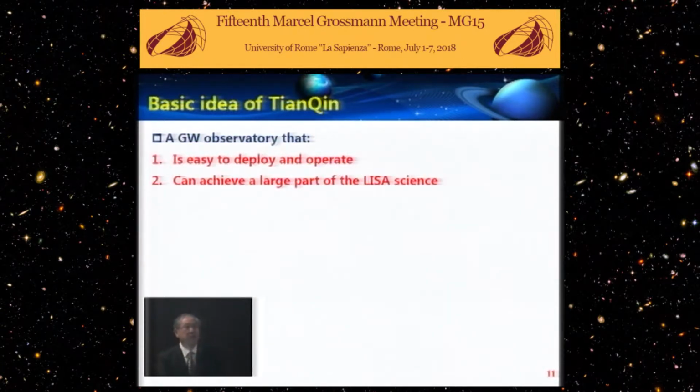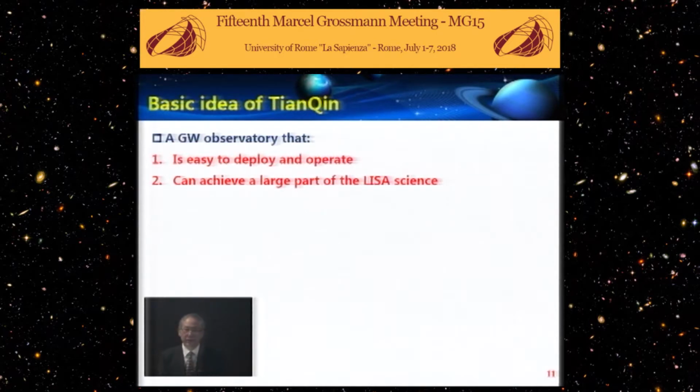And what is the basic idea about TianQin? Because as a gravitational wave observatory, we need to consider: the first, it's easy to deploy and operate. If it's too difficult, we will risk seriously. The second, can we achieve a large part of LISA's science? This is the question we ask ourselves.